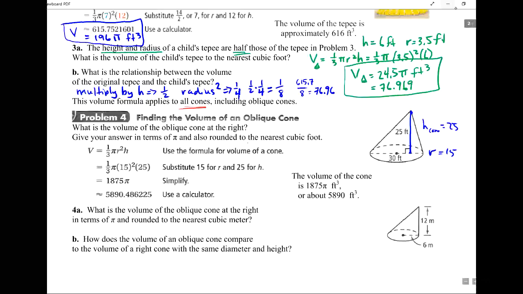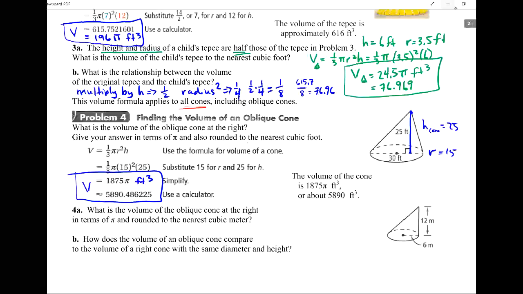Be careful, make sure that you are squaring that radius first, and that gives us 1,875 pi feet cubed, and if necessary, we throw that into our calculator and get a decimal. So easy enough. All right, we're almost done.